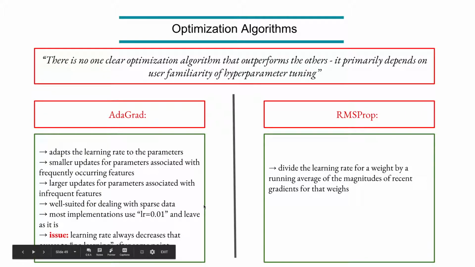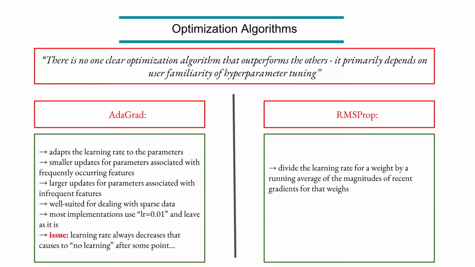Another problem here is that, since we decrease the learning rate in each iteration, there's a possibility the learning rate becomes 0. That means there wouldn't be any training after some iterations, right? So this is the issue in AdaGrad, and another optimization algorithm is RMSprop, which solves this problem in some sense.